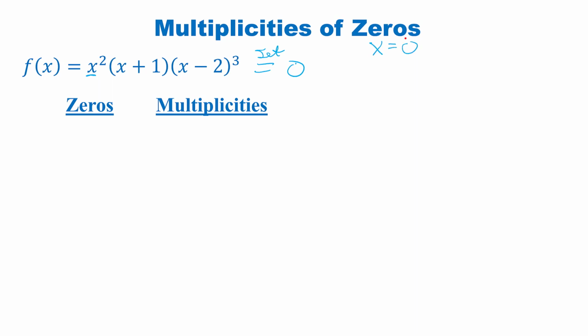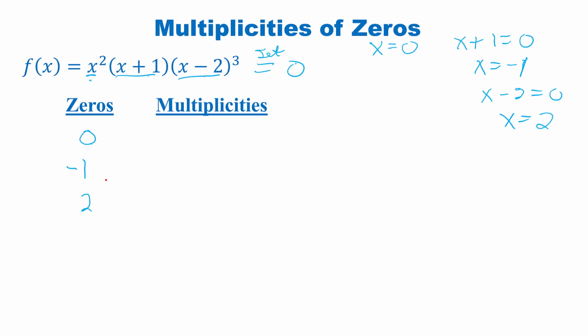That would cause this function to be 0, or it would cause the y values here to be 0. So x equals 0 is a zero. What if I set x plus 1 equal to 0? Well, I get x equals negative 1 is a zero. And what if I set x minus 2 equal to 0? I get x equals 2 as a zero. So I have zeros of 0, negative 1, and 2.